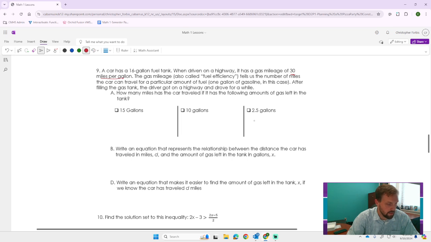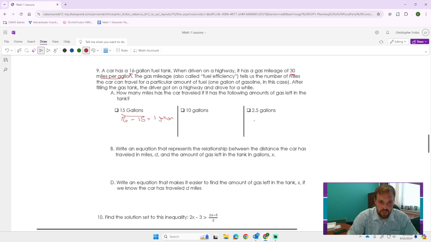All right. So how many miles has the car traveled if it has the following amount? So it has 15 gallons. Well, basically what we're saying is if that's the case, we can say 16 gallons. That's the total amount that we have, and minus 15, we get 1 gallon. So it has a gas mileage of 30 miles per gallon.